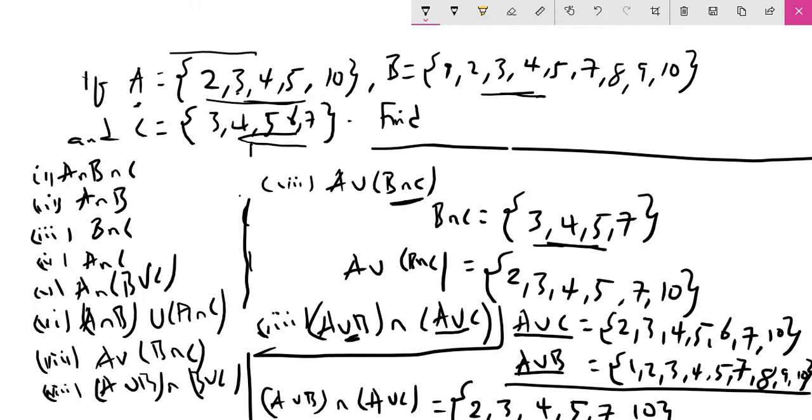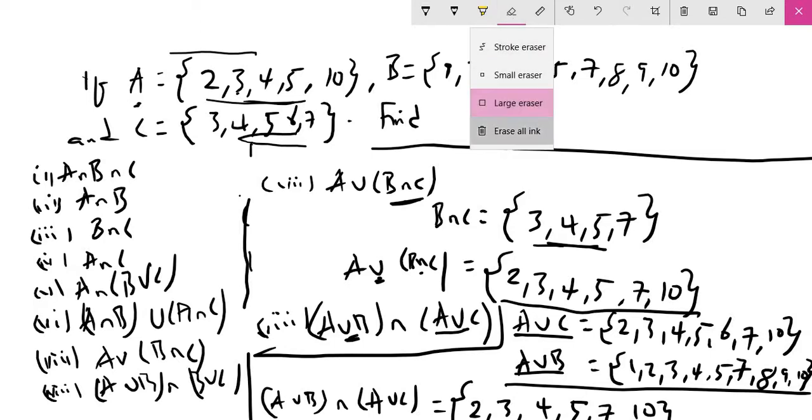Now again, we see that this is actually the same as that. And like I said before, this is the distributive property, but this time the union operator is distributive over the intersection operator. So let me free up some space and then just make it a little clearer. Whenever we have A union B intersection C, this also means that we can expand this over that.